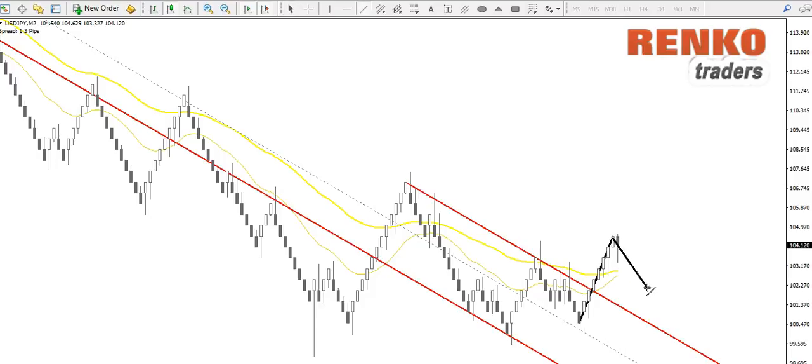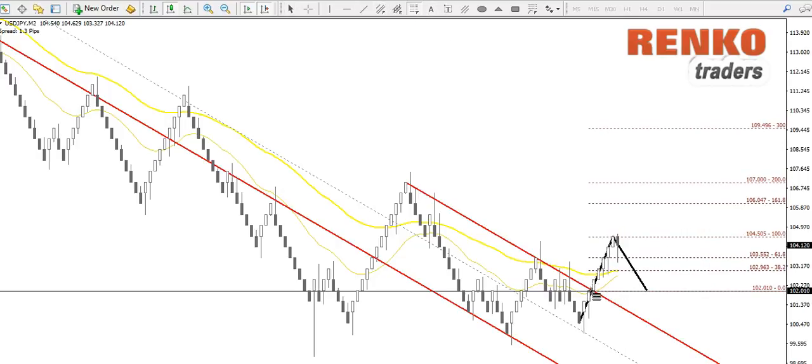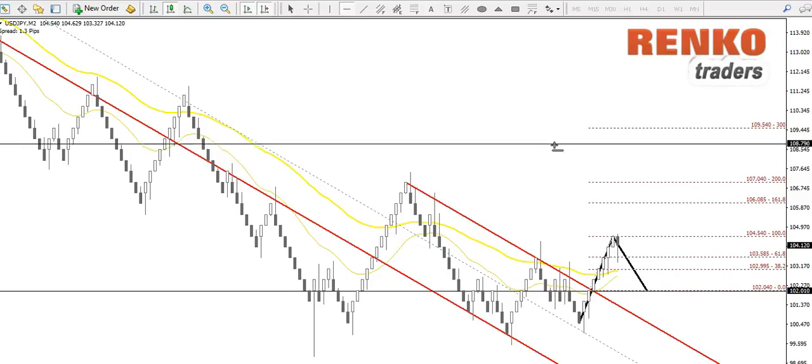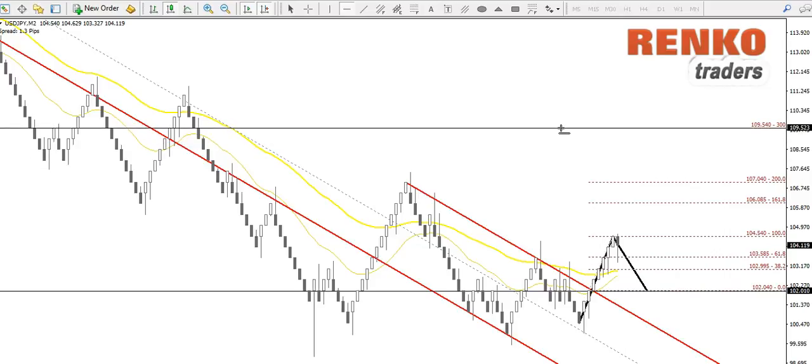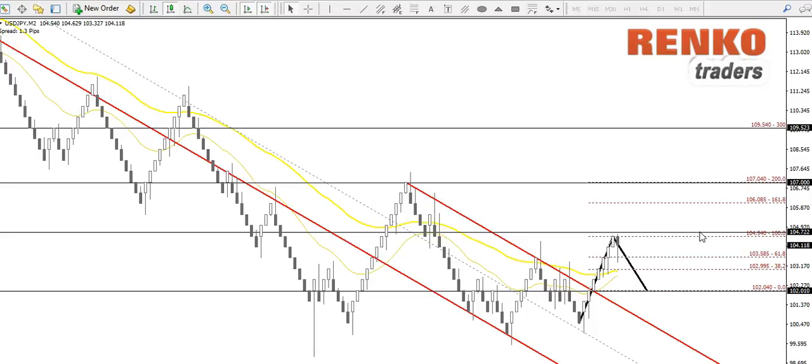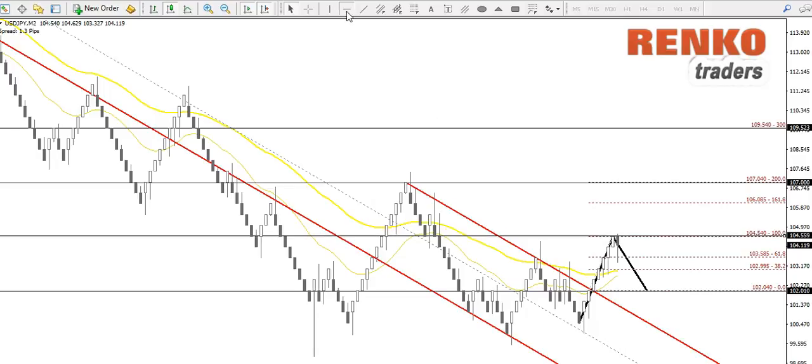Hopefully, if there is a retracement, I would expect it to come back towards 102.01, and my targets would be 109.54 and 107.04, which is right at the first reference point, with the entry at 105.5, 104.54 and 102.01.